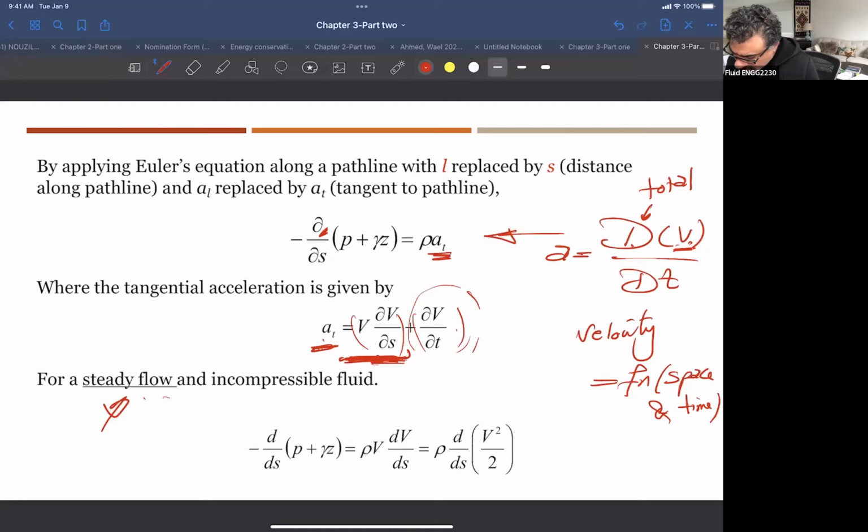If I have v dv by ds, I can take the v and put it inside the derivative. This converts it into d(v square over 2) over ds. So now this term becomes rho d by ds of v square over 2.